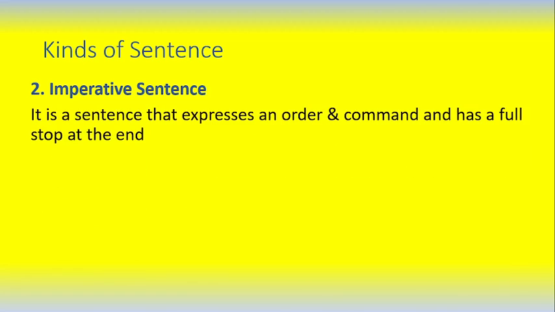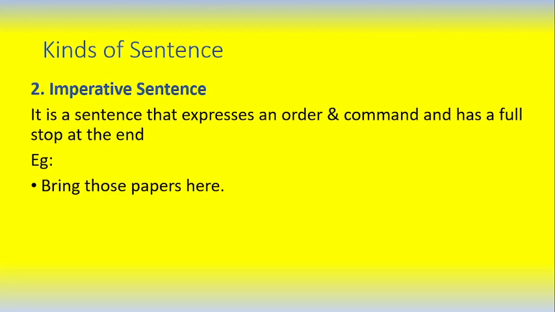The next one is the imperative sentence. What is an imperative sentence? It is a sentence that expresses an order or command and has a full stop at the end. Whatever order or command you make is called an imperative sentence. Examples: Bring those papers here.